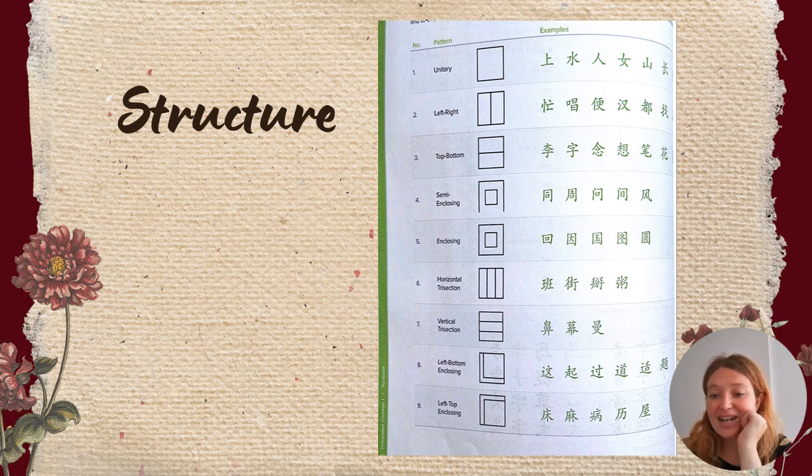And there are 9 sort of makeups of characters. So there's either unitary, which is just it fits in the box. For example, this word shang just fits in the middle of the box. Gosh, it's hard to write on this screen. But it just goes straight in the middle.